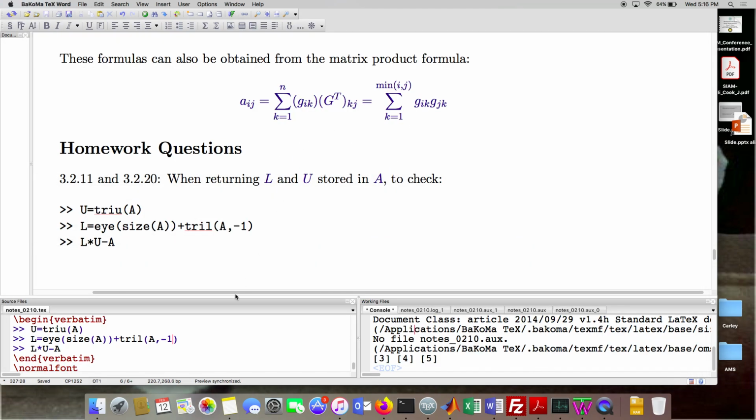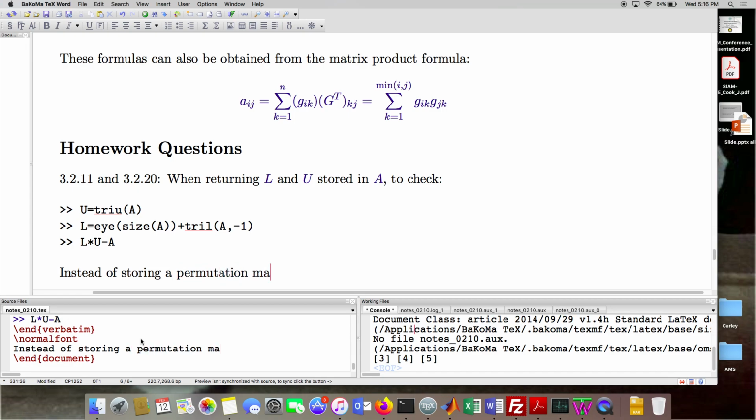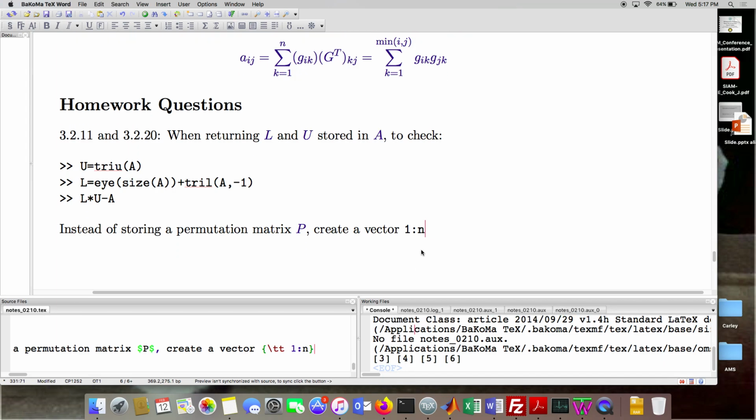Quick word about pivoting. Instead of storing a permutation matrix P, what you do in your code is create a vector of indices 1 to n. I'm going to call this lowercase p.